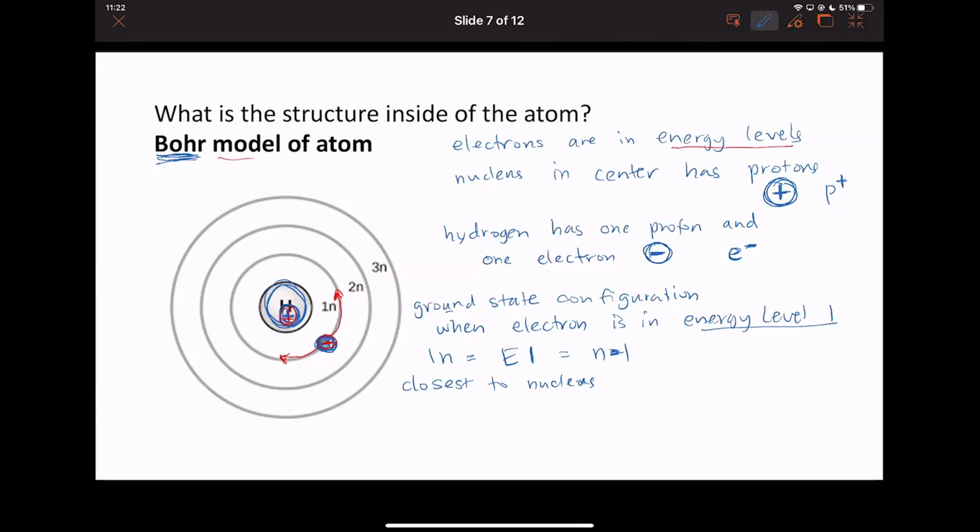Well, all the other atoms in the periodic table have more electrons. There's 2, 3, 4, counting all the way up to 118. So it's different structures inside to house all those electrons, but they're considered like shelves, like bookshelves, putting books on a shelf. You have electrons in these energy levels.